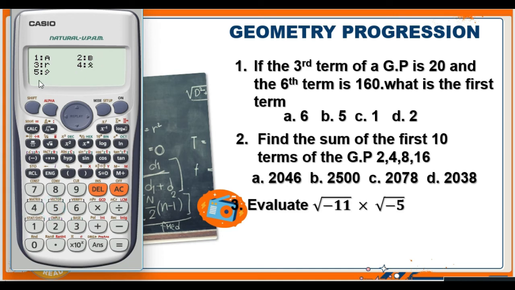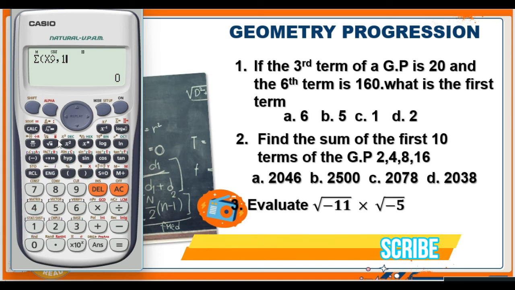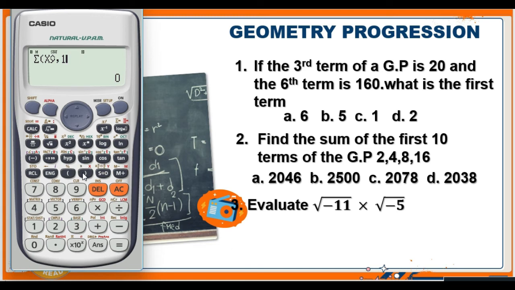Now comma by pressing shift and then the bracket, and you're going to get the comma, then 1, that is from the first term to the 10th term, so 10, and close the bracket, and you hit your equal sign, and your answer will be there for you. You see that this is very easy to use in the examination hall. This saves time, and if you want to work it out, you can still use this to verify your answer. So our answer here is A.